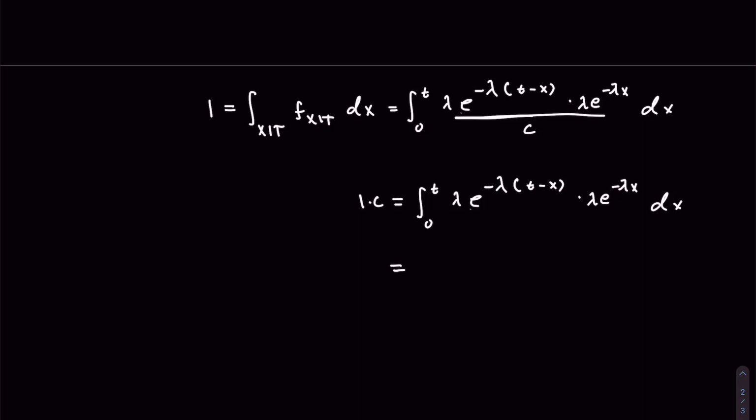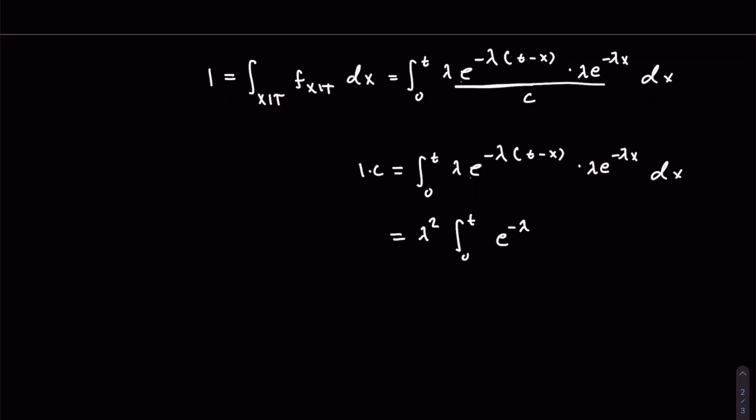And so what we're left with is lambda squared, integral 0 to t, e to minus lambda. Let's make this easier by first multiplying out the parentheses and then putting it together again.